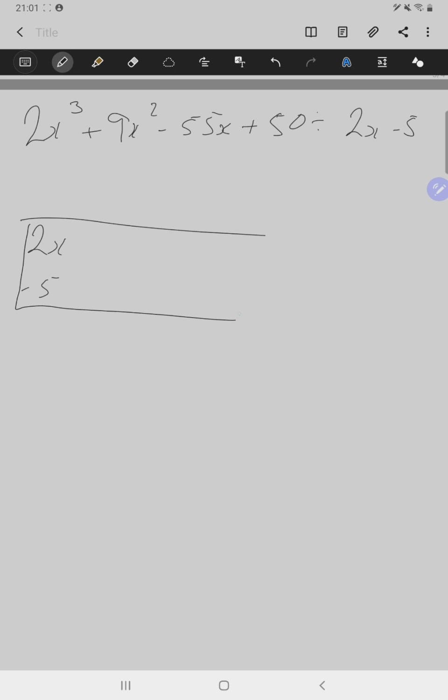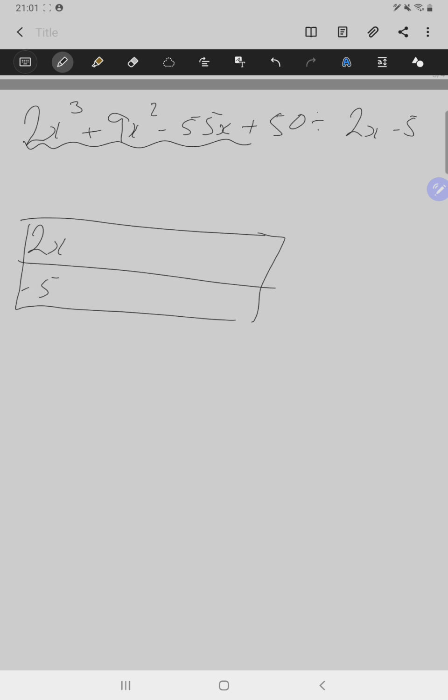So let's say here we have 2x cubed plus 9x squared minus 55x plus 50, and we want to divide this by 2x minus 5. So 2x and minus 5 go on the left, so we have 2 horizontal boxes.